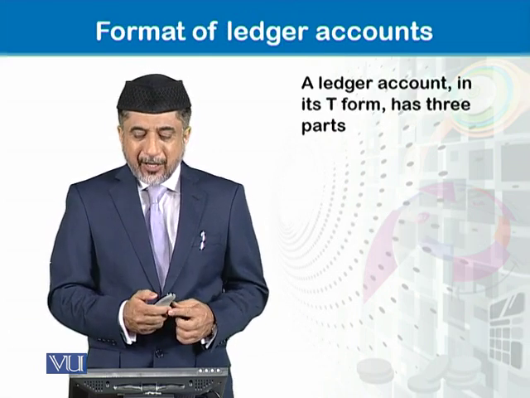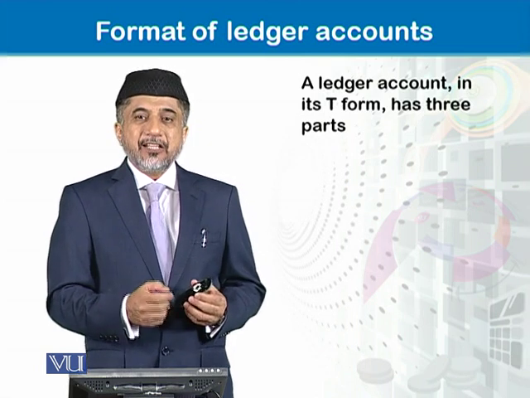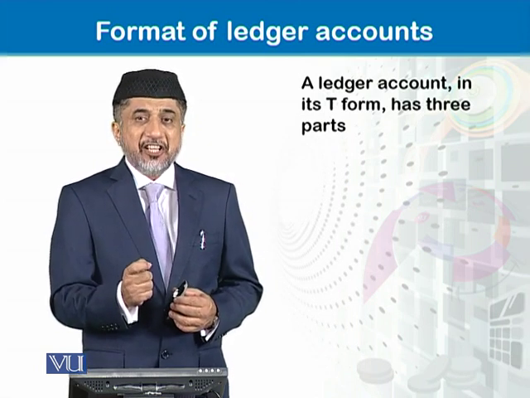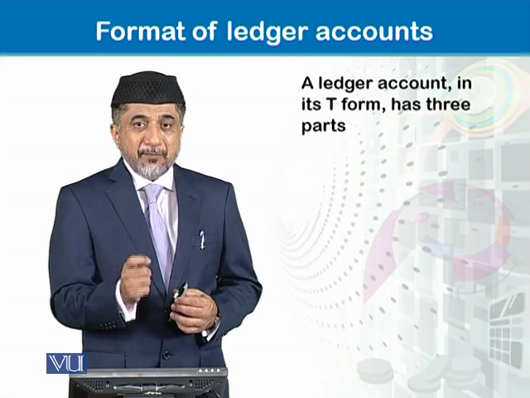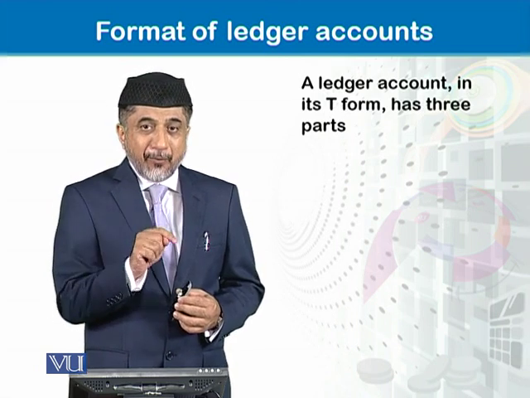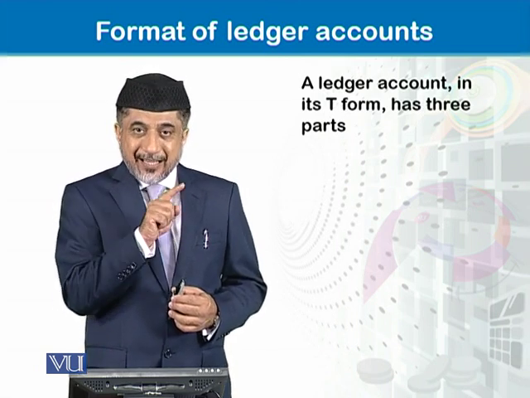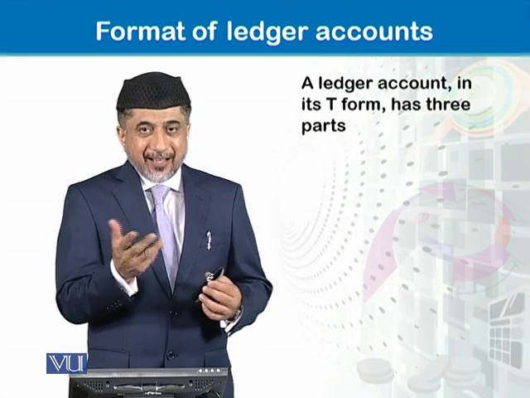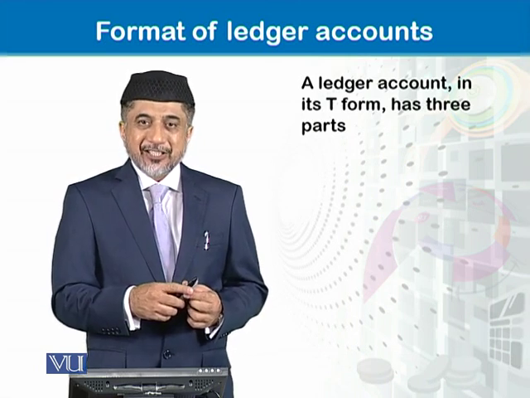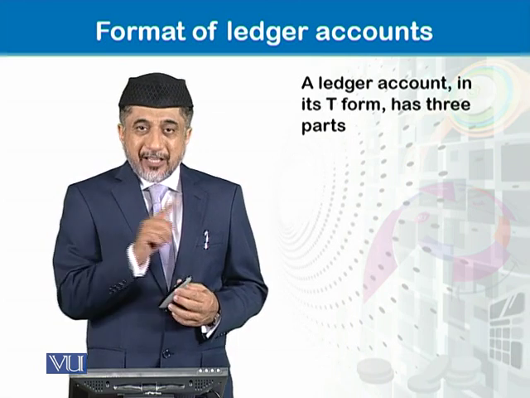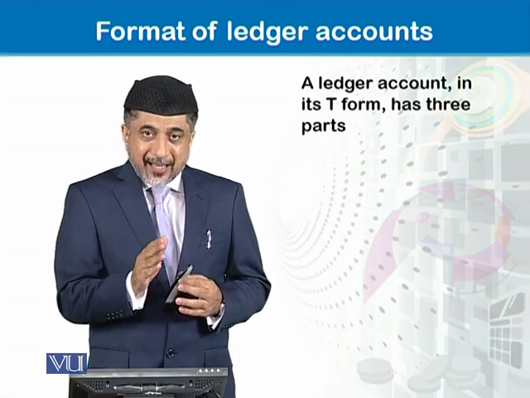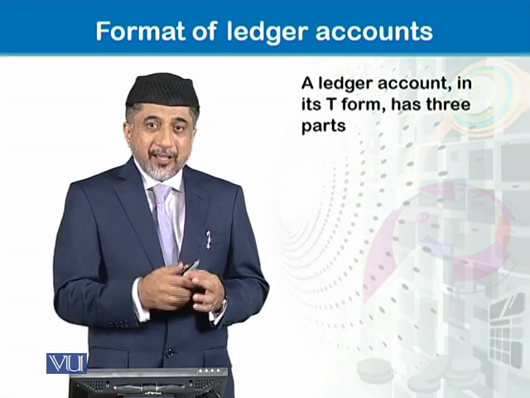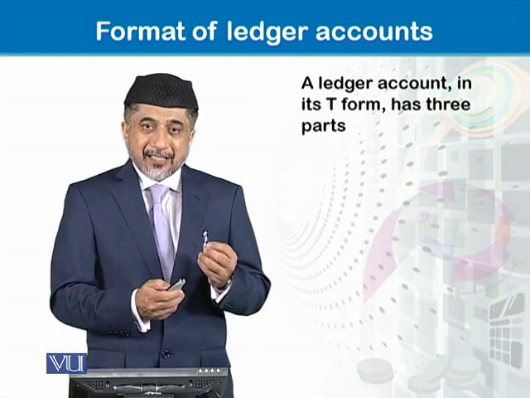In a ledger account, traditionally or conventionally, the ledger account is prepared in T form. Yes, in T form, a letter of the English alphabet. So T is a letter sign in which we develop this ledger account.